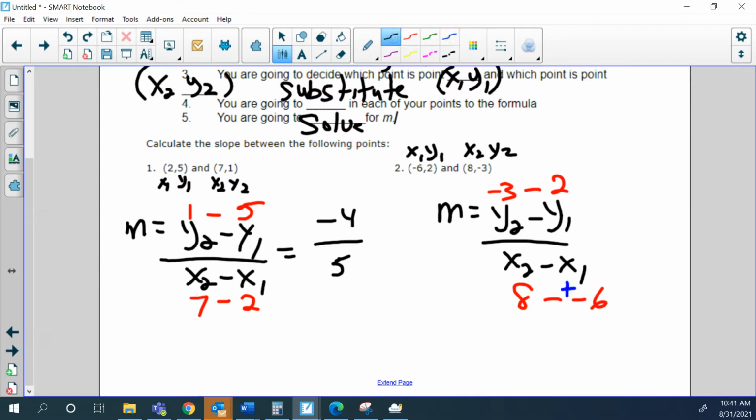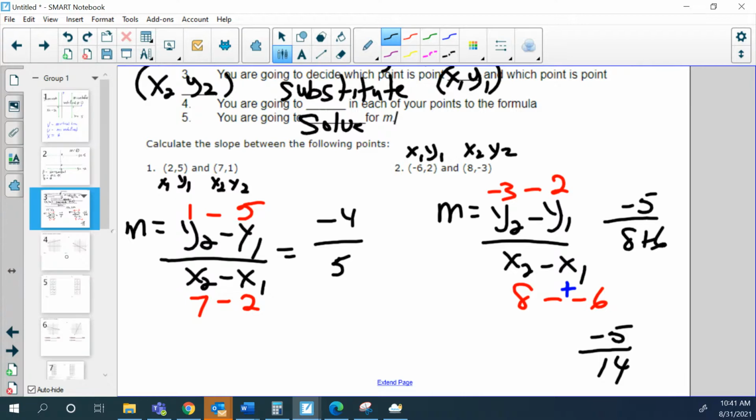So that's going to give me now -3 minus 2, that is -5 over 8 plus 6. And so that's going to give me -5 over 8 and 6 is 14. -5 over 14. Okay, so that's my slope right there. All right, guys. Let's move on to the next slide.